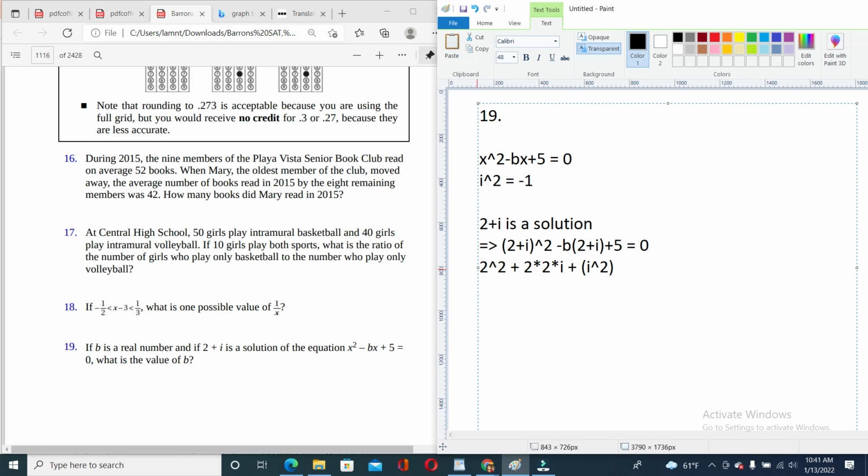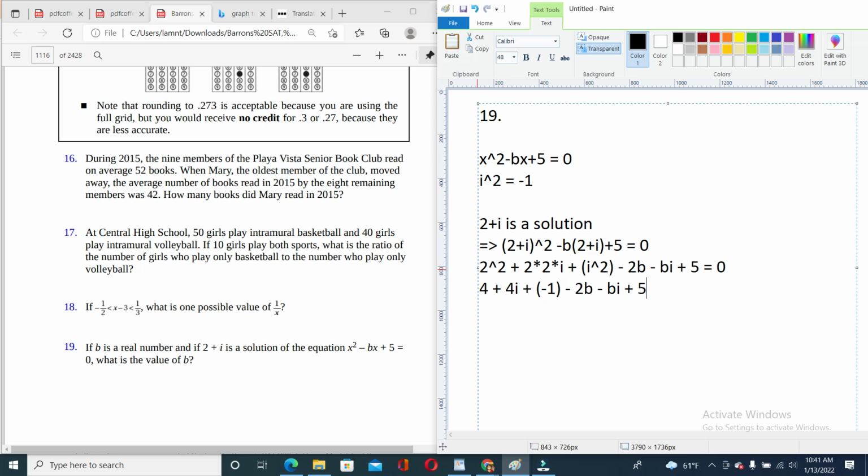That's the first bracket, minus 2b minus bi and plus 5, equal to 0. Is there anything wrong? I don't think so, right? So 2 squared is 4, 2 times 2 times i is 4i, and i squared is negative 1, as we have just written down up there.